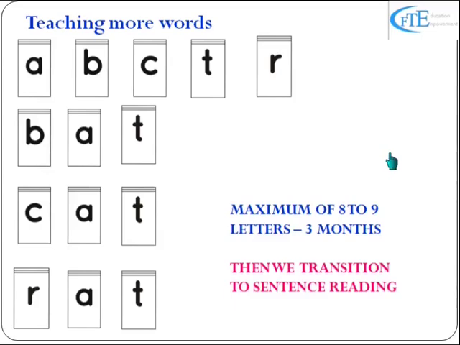You could choose letters with which you want to make words. And at the end of 3 months, your child should be able to read a maximum of 8 to 9 letters and words made from these letters.